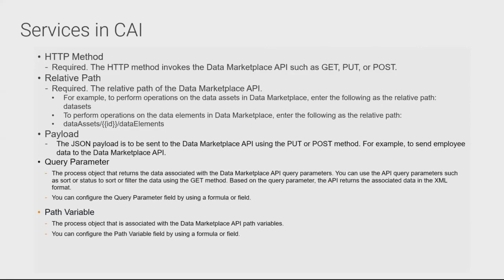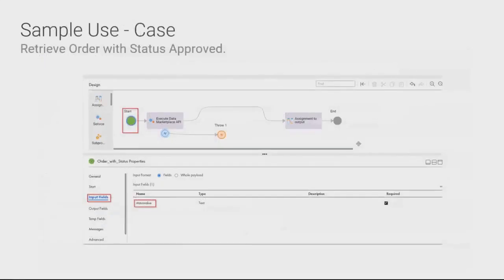Then there are path variables that will be used for building up your API path. So let me showcase a sample use case so that you understand the development effort of CDMP API in CAI.